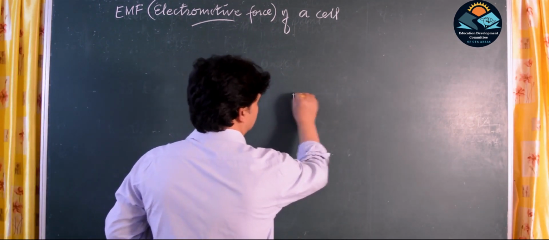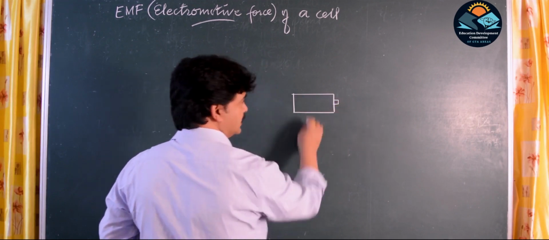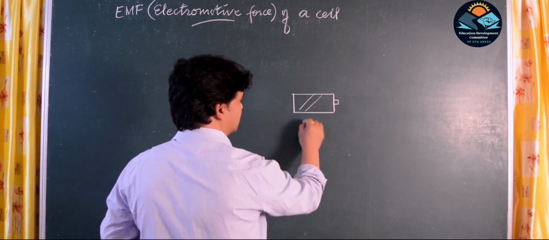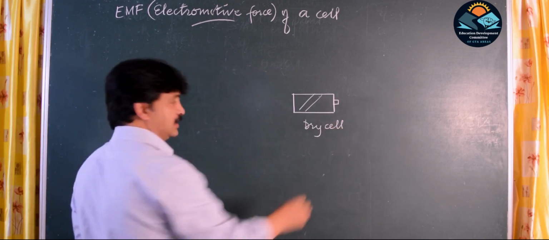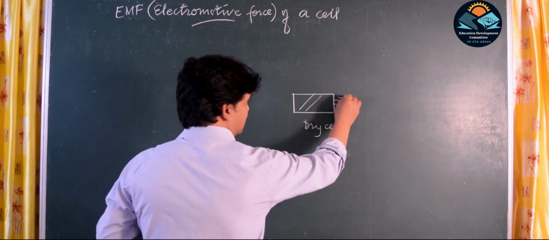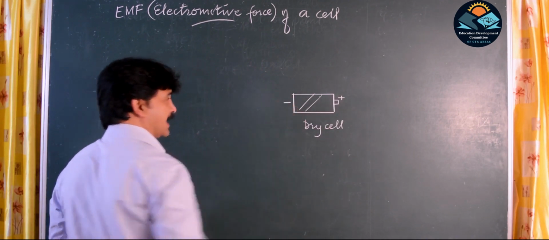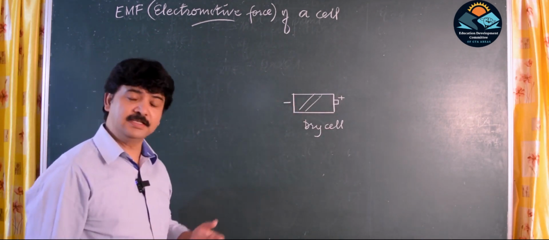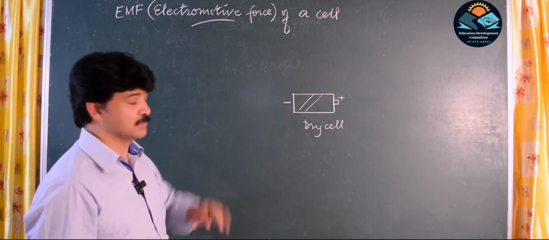So for your convenience, I'm drawing a dry cell. So this is a dry cell. You know, this part is the positive of the cell, and this end acts as the negative electrode of the cell. So this is how a dry cell looks like.